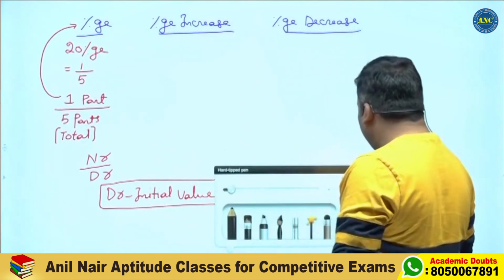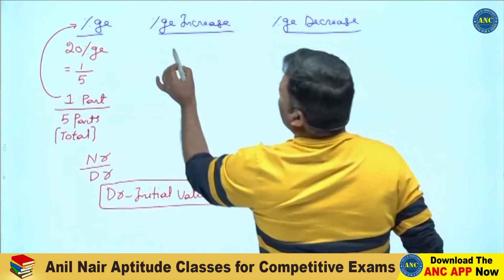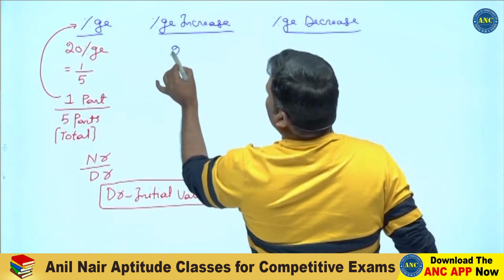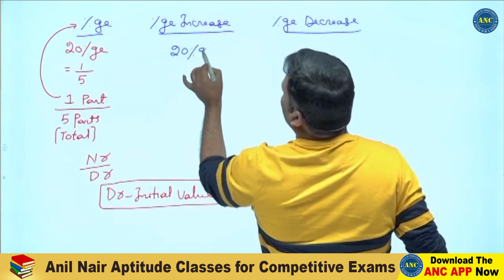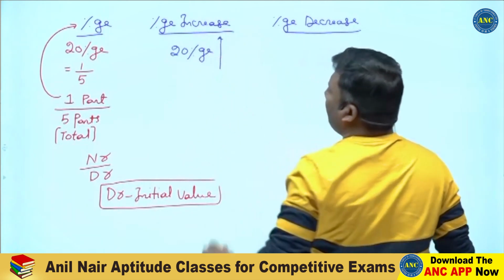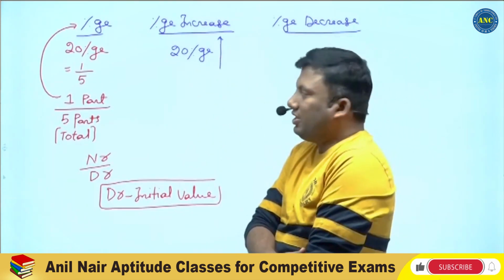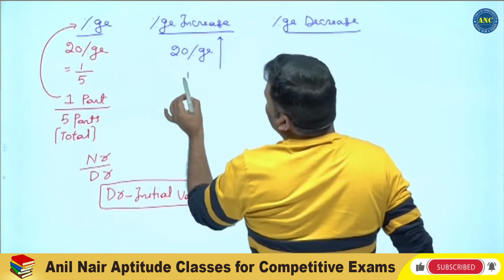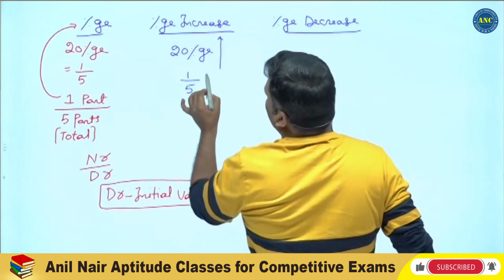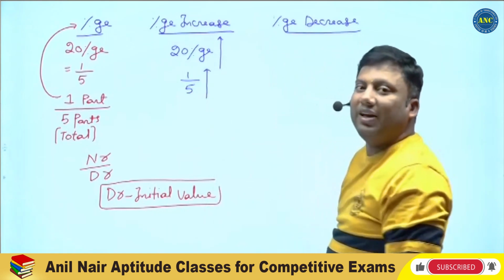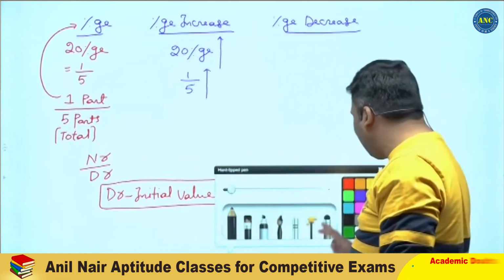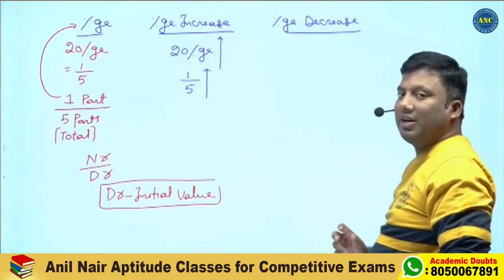This is percentage. What do you mean by percentage increase? The same thing we will write. 20% increase. Increase means positively it is growing. So 20% is 1 by 5, but there is a symbol, 1 by 5 increase. What does that mean, 1 by 5 increase?